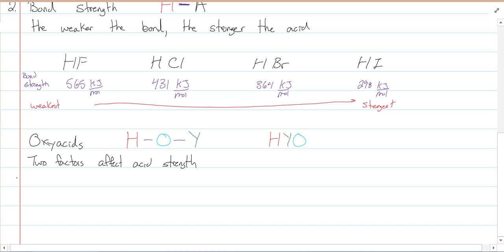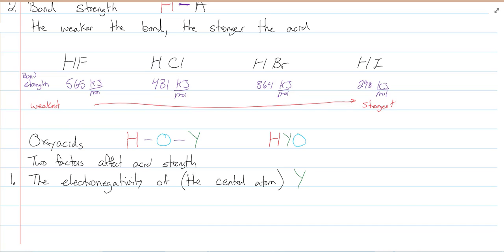The first one is the electronegativity of the central atom Y. I'm going to put that in parentheses because in this case oxygen is a central atom, so Y is not the central atom. But a lot of times we're talking about the non-oxygen atom, and when there's more than one oxygen, it becomes central.